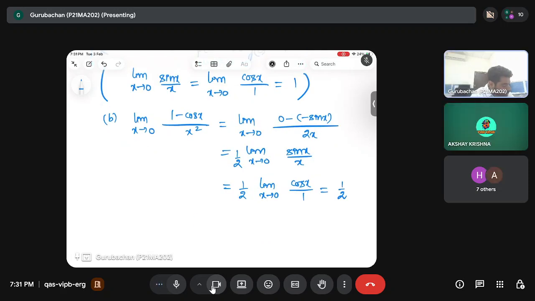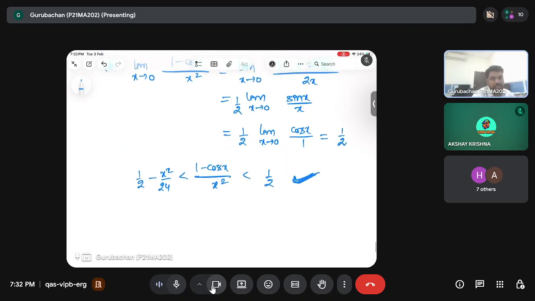Now what is the squeeze theorem here? This function is bounded above by 1 by 2 and bounded below by 1 by 2 minus x square by something. Obviously, in the question you have to be given this. Only then can you calculate the value of this limit by sandwich theorem. Otherwise you need to use this L'Hopital technique.